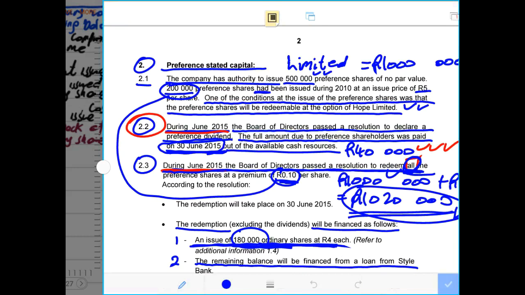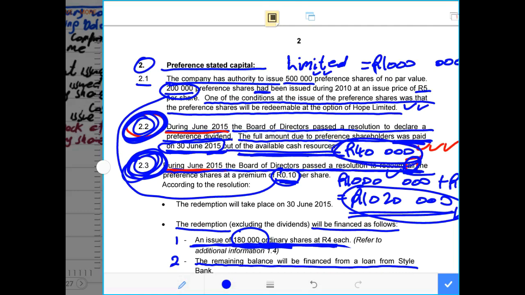And we have to first record the redemption. Or remember, there were preference dividends declared here. Yes, let us record the preference dividends, which is under 2.2. Preference dividends were declared and paid out of the available cash resources. And that was 40,000.